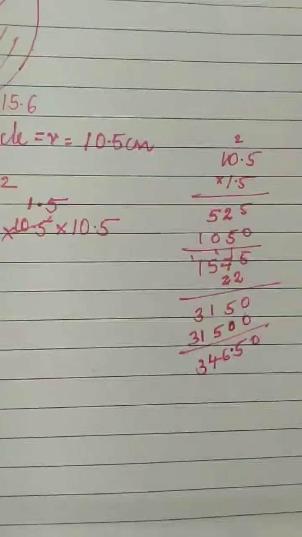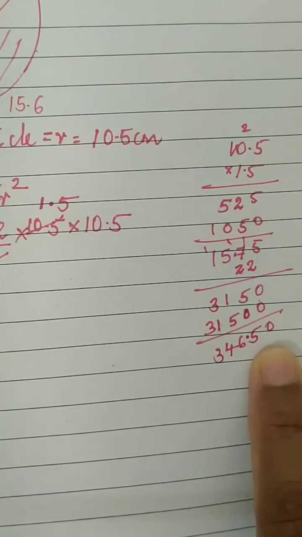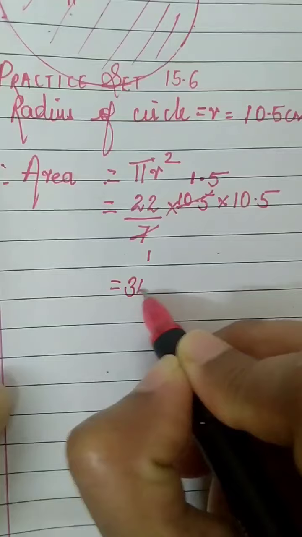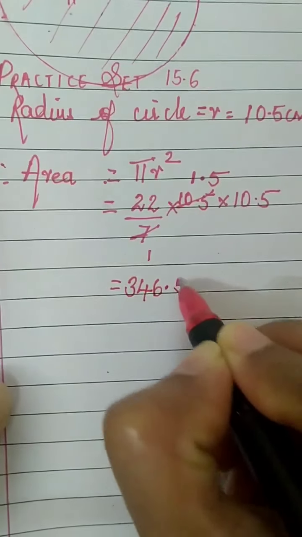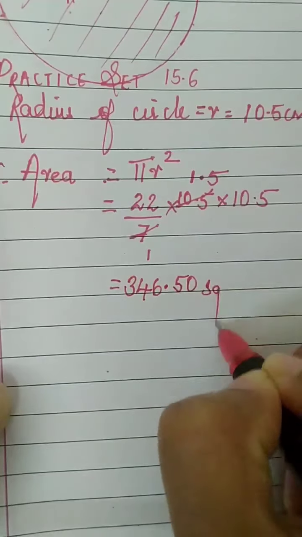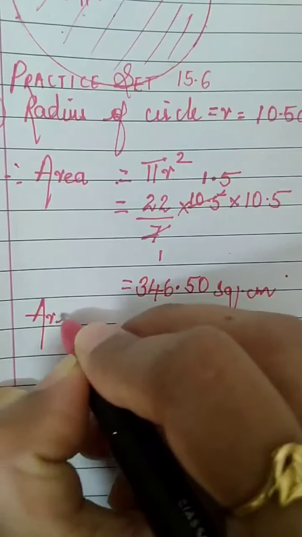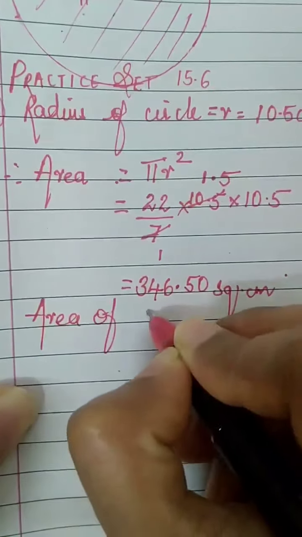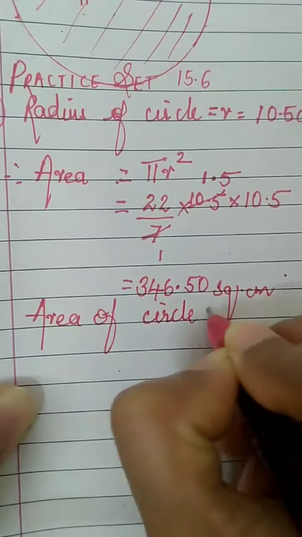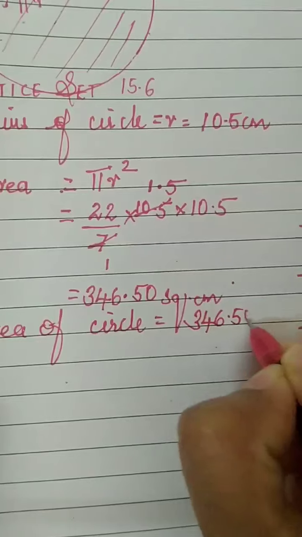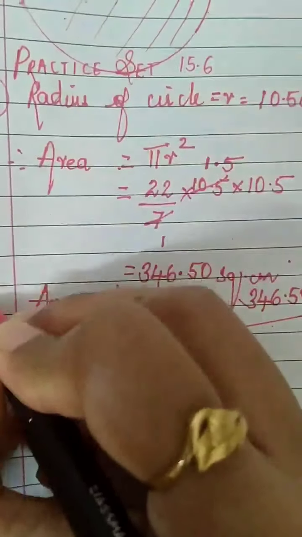So we are getting the area as 346.50. 346.50 square centimeter is the area of circle. Okay, final answer.